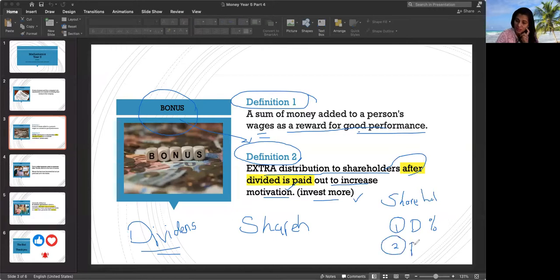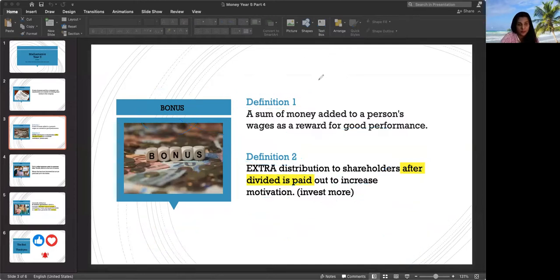It doesn't mean that all this has to be in terms of money. This can even be paid in terms of shares. Say they give you a bonus of 200 shares, everybody gets 200 shares. That's also possible. It still falls under bonus. Not everything has to be in denominations of money. So, clear with bonus?